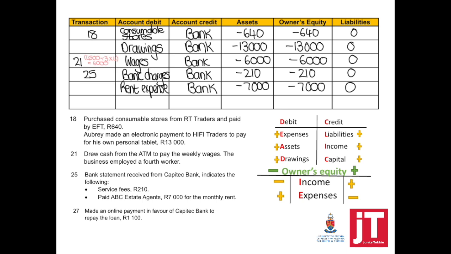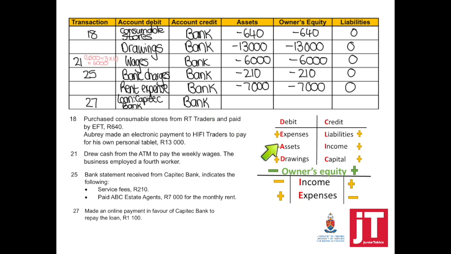On day 27, made an online payment in favor of Capitec to repay the loan, 1,100. From the CPJ, bank is always credited, account debited, loan, Capitec, bank. You have to write that with.